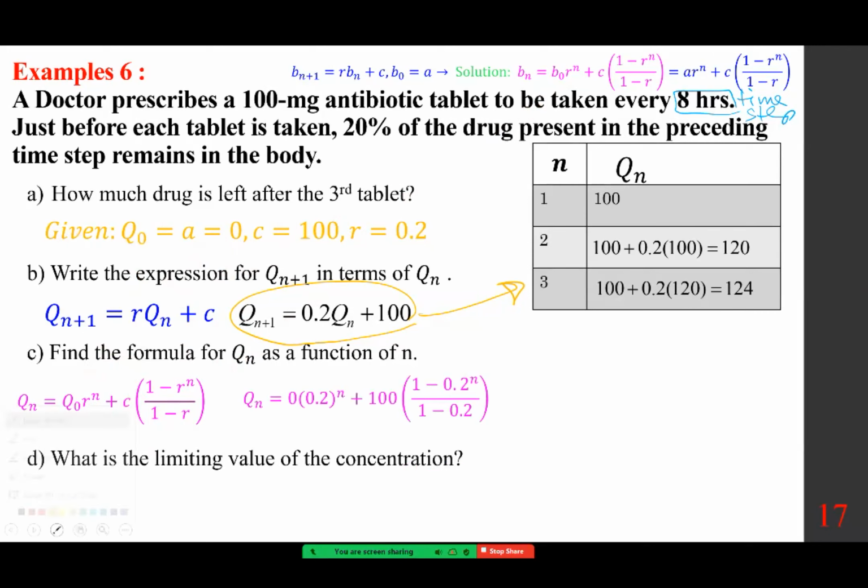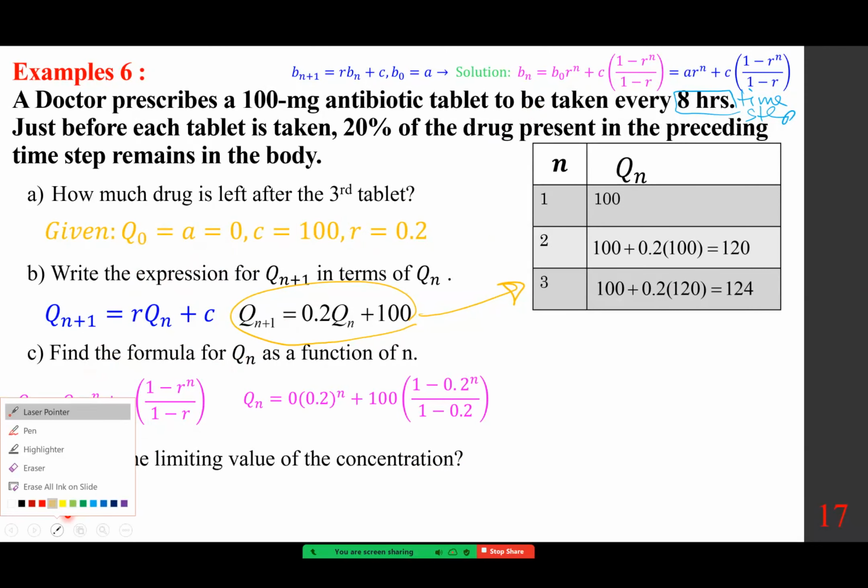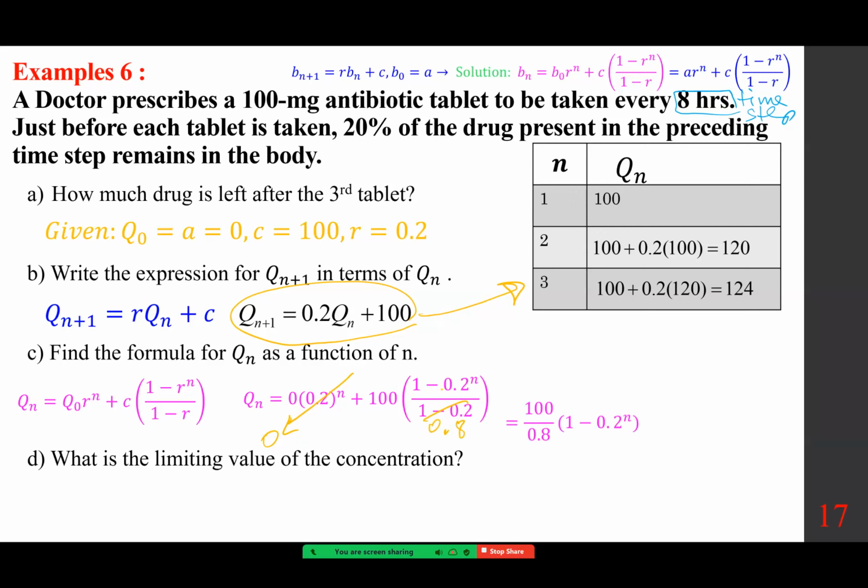Needless to say, this is 0 because it's 0 times 0.2 to the power of n. This is 0.8, and we can put it underneath 100. This is the same as 1,000 over 8, makes it 125. And we write it in this format so we'll be ready for the last part, which is the limiting value.